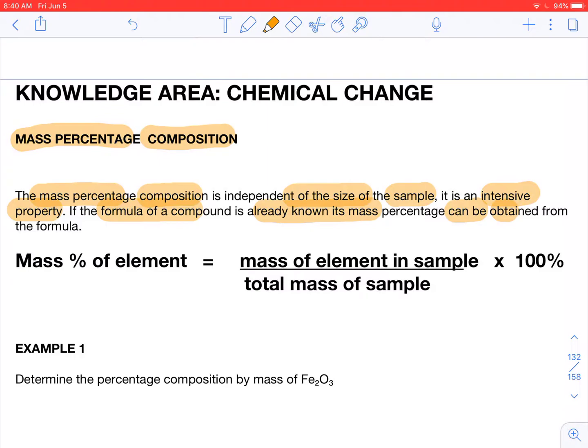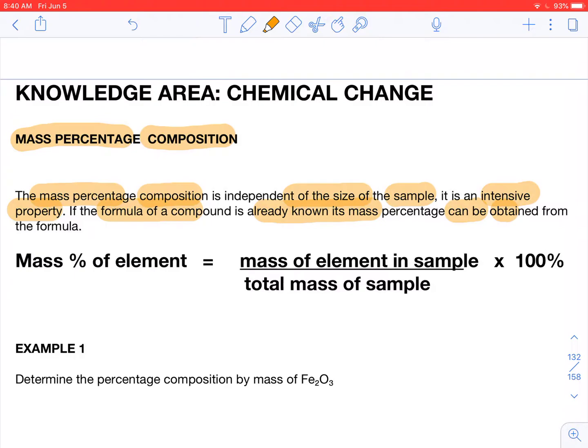Later on, we will give you the mass percentages of the elements, and you will have to determine the empirical formulas.